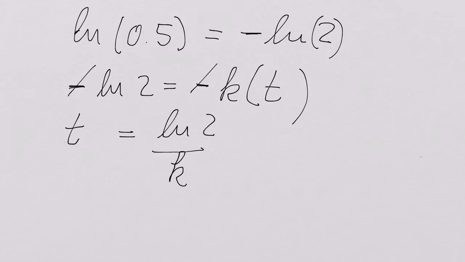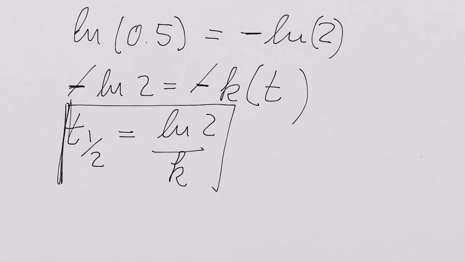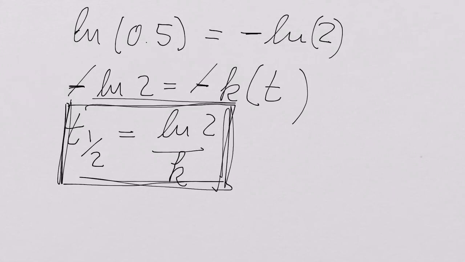But it's half-life. And it's usually written as T half. And I want you to remember this equation. This equation basically gives us something about a relationship between the rate constant and the time of the reaction.